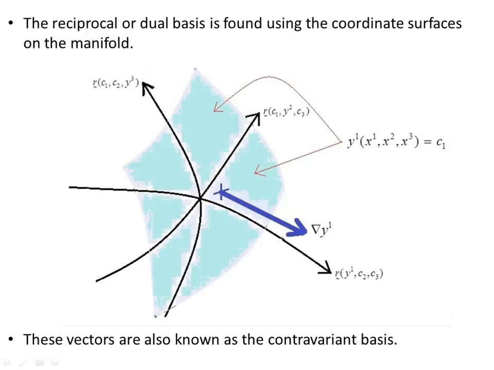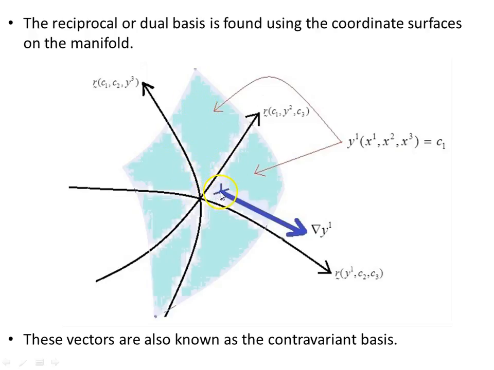The reciprocal or dual basis is found using the coordinate surfaces of the manifold. So here we have y1 set equal to a constant, and this surface here is formed by using the second coordinate curve and the third coordinate curve. Together, the surface lies in that direction.